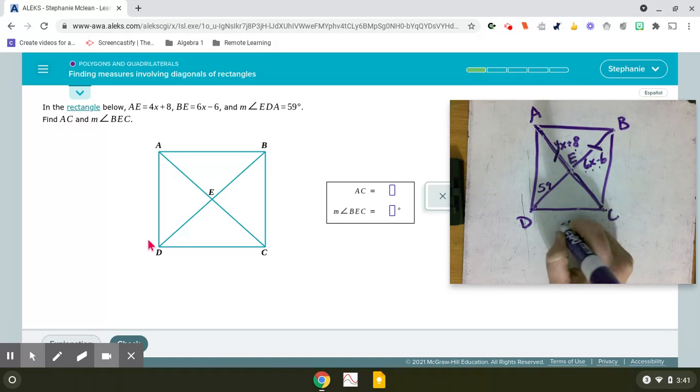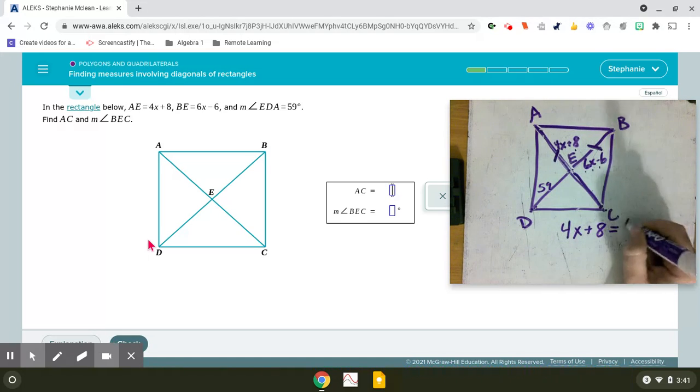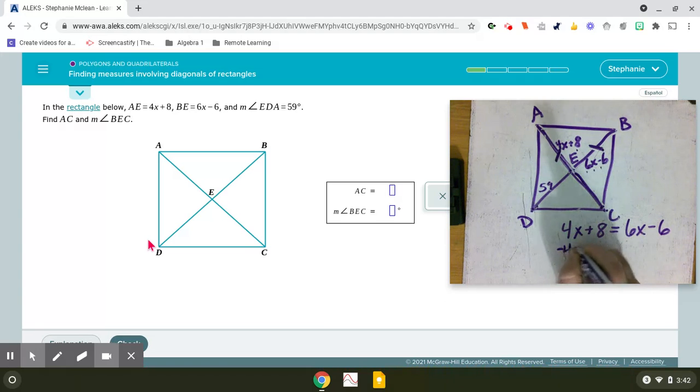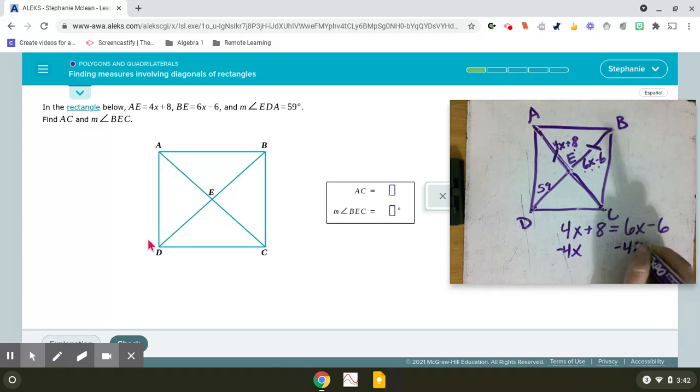So I have 4x plus 8 equals 6x minus 6. I'm going to rearrange this. I'm going to subtract 4x, and I'm also going to add 6. So 8 plus 6 is 14, and this equals 2x.